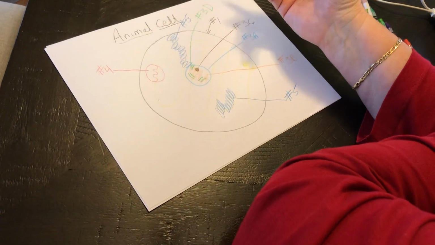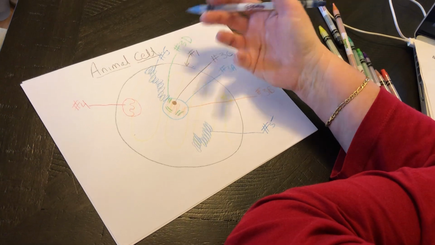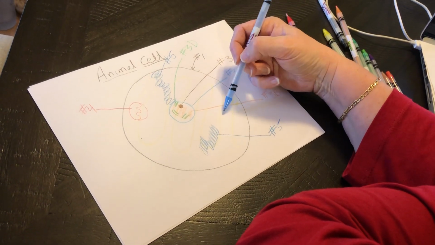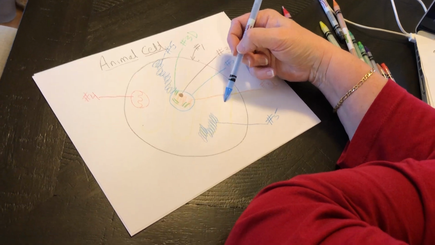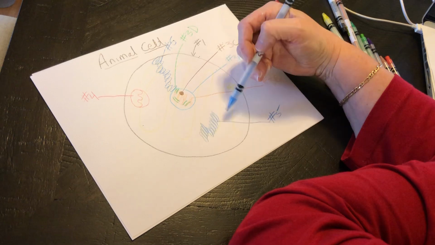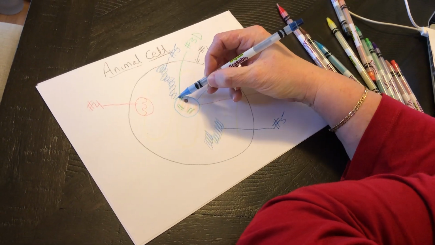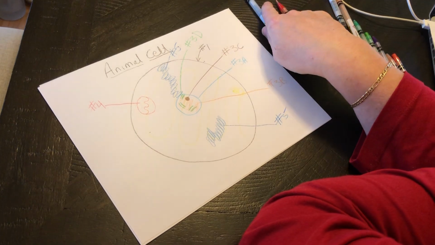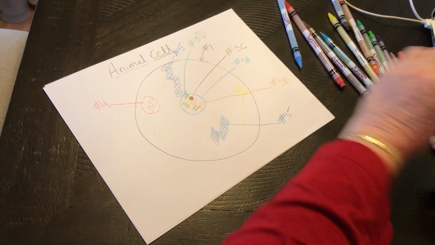If you're going to run in knee-deep water or on land, of course you're going to go faster on the land. The water is going to slow you up. Cytoplasm is jelly-like. There's no cytoplasm in the ER. Okay, so they're just tubes that either go from the nucleus to the cell membrane or can go throughout the cell.